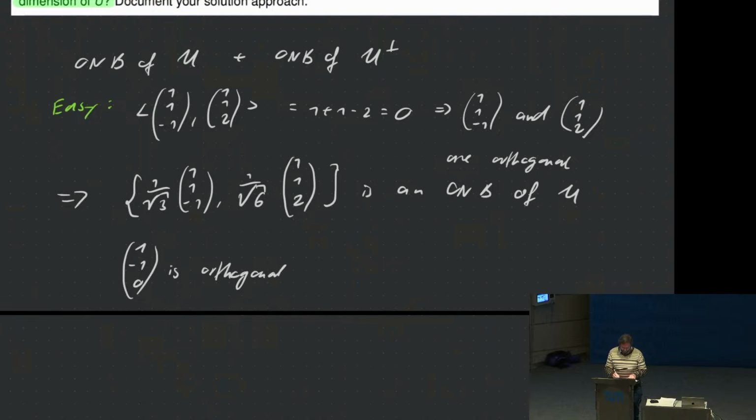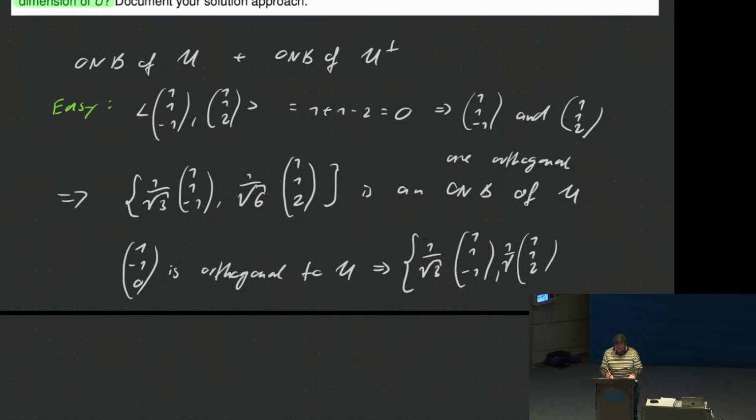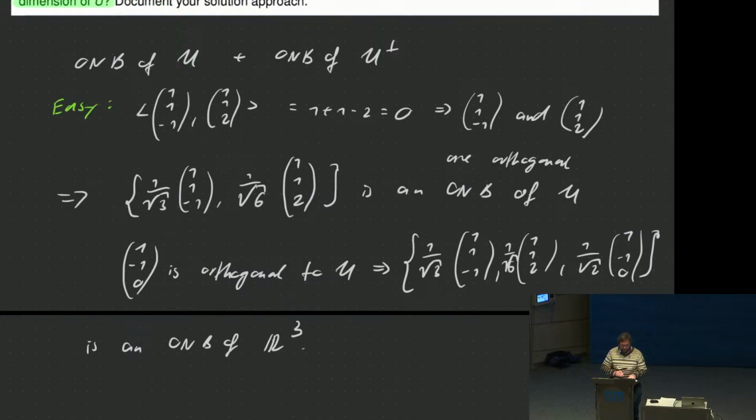So this is orthogonal to U. That means if I add that, I'll have a basis of R3. And again, to get an ONB, I just normalize it. To normalize that, I divide by square root of 2. So this is an ONB of R3 that also has the desired properties.